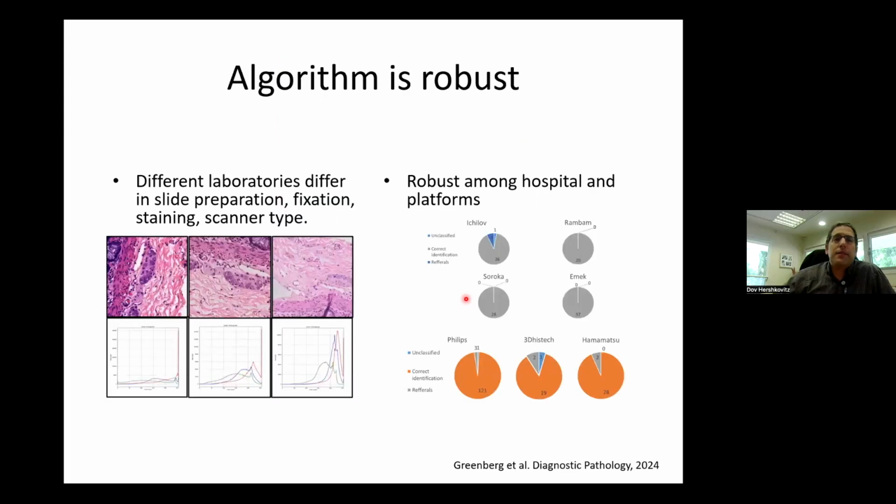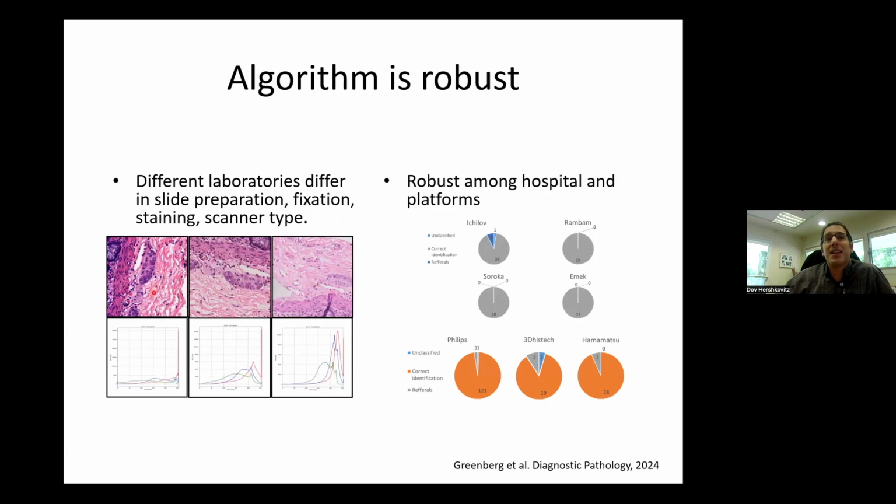And as you can see here, this is the same area in the slide. It's maybe tilted 90 degrees to this or to the other side. But as you can see, there is a significant difference in the color between the scanners.